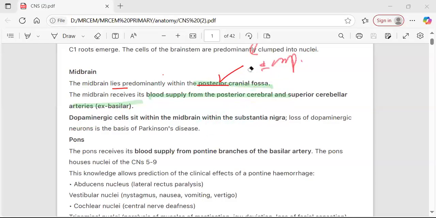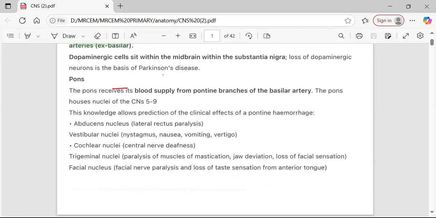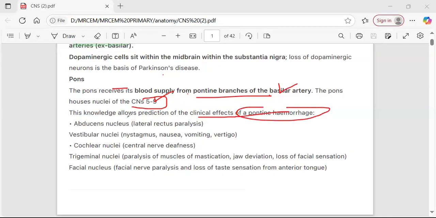Then next comes the pons. Pons receives its blood supply from pontine branches of the basilar artery, and it has the nuclei of cranial nerves 5, 6, 7, and 8. So that's also important. Another thing is that in the exam they will give a cerebellopontine hemorrhage, and ask which nuclei will be affected.